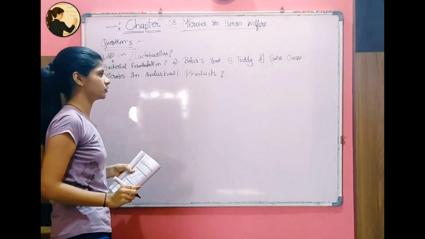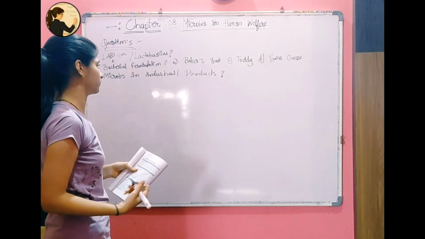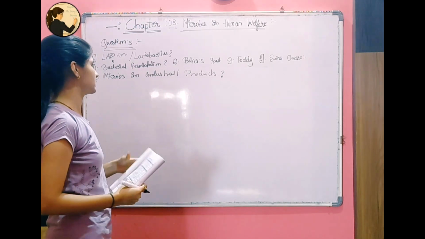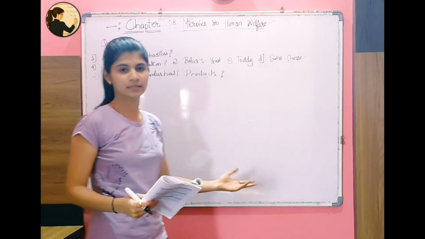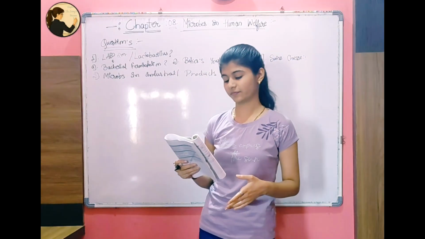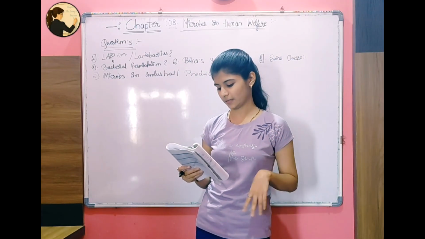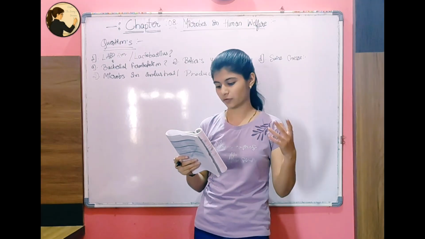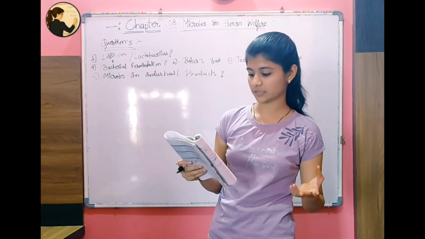Now, what are the microbes or bacteria present in industrial products? They might be fermented beverages, antibiotics, organic acids, alcohol, enzymes.